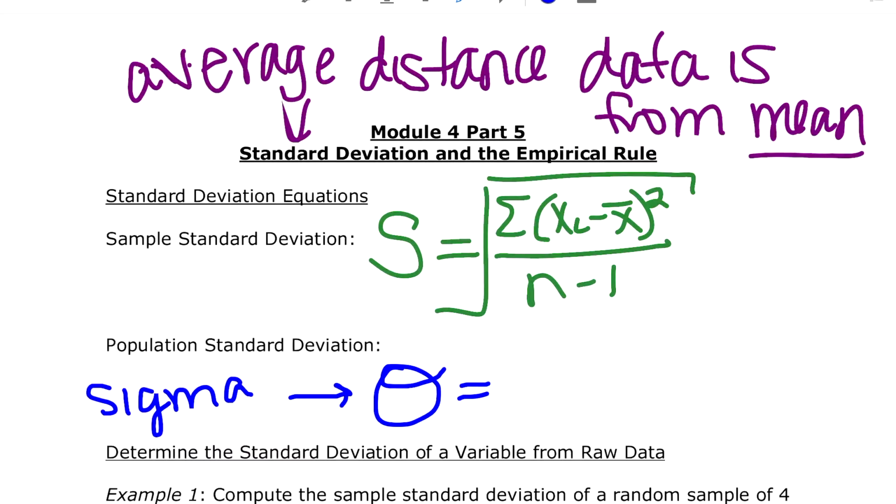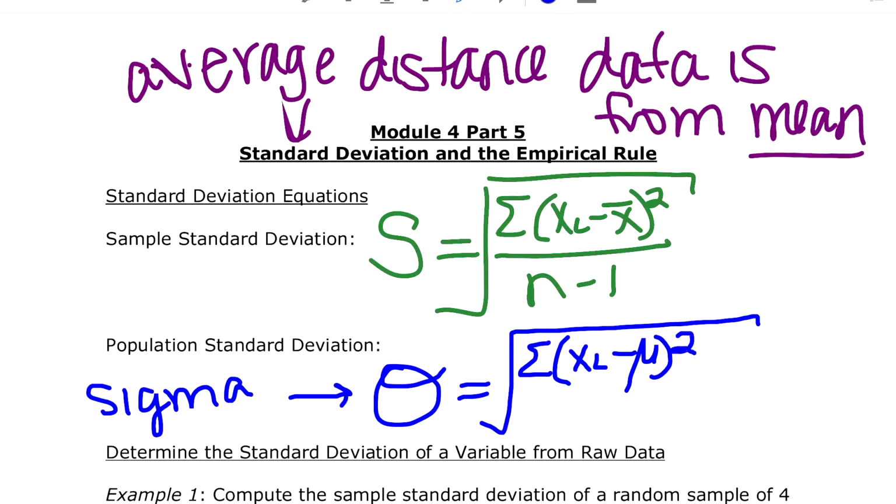And the population standard deviation is also going to be found by taking the square root, adding up each x value minus the mean squared. But this time we're going to divide it by just capital N, which remember is the population size. So that's the biggest difference between these two equations: for the sample, we divide by n minus 1. For the population, we divide by the full population size.